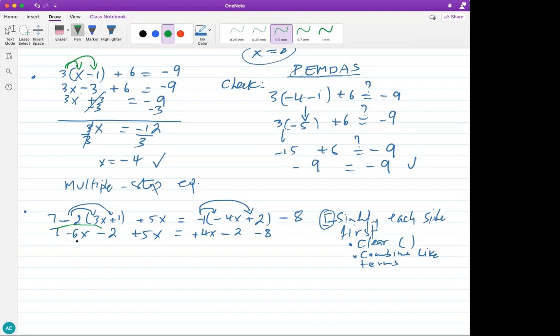Also combine this -6x with +5x. So 7 and -2: 7 minus 2 is 5. And you have -6x plus 5x. What is that equal to? -6 plus 5. What is it?